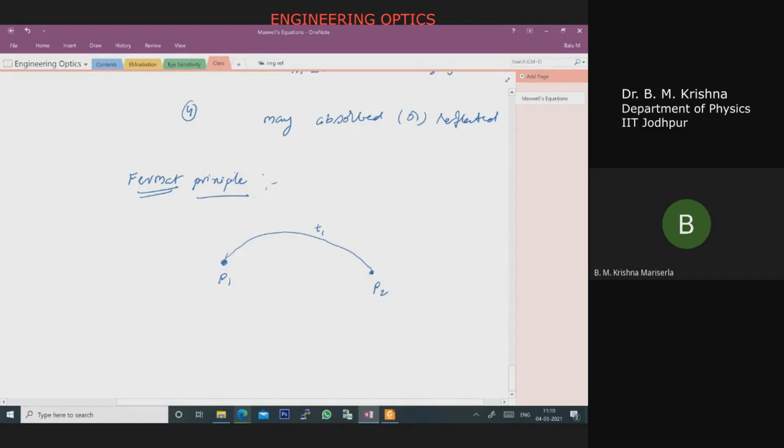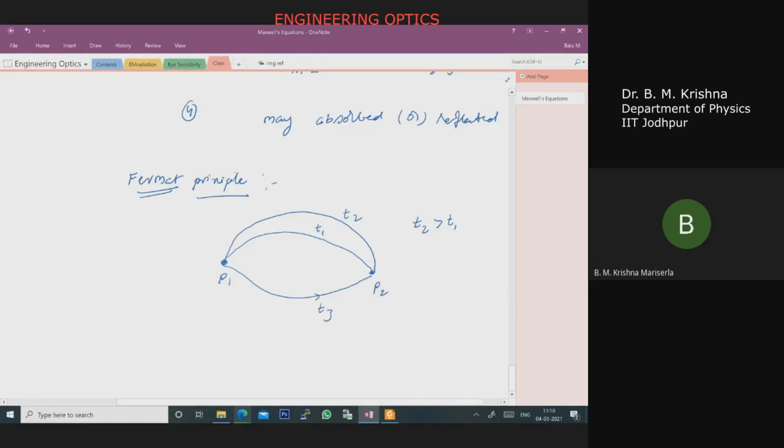Now you tell me what happens if light takes this path. This will be T2. Your T2 should be greater than T1 because it covers a larger distance. And similarly, in the other direction, comparable to T1, that is T3.